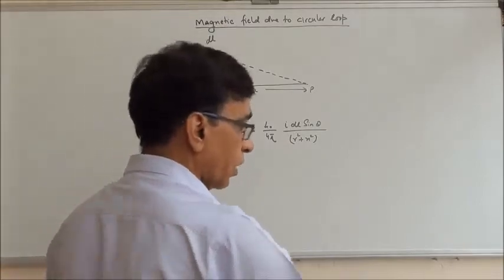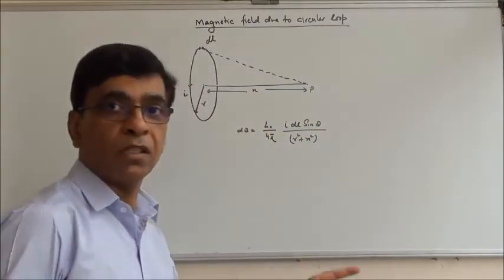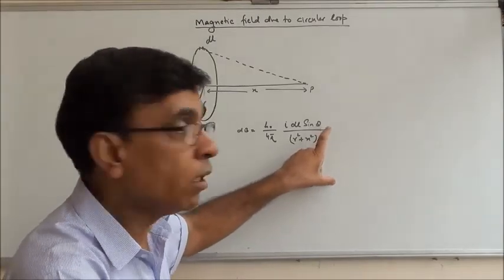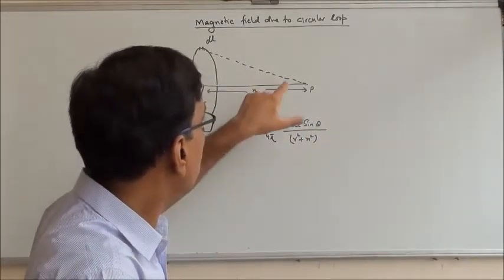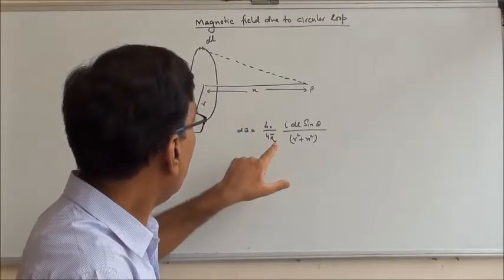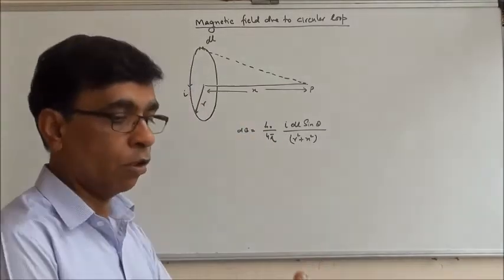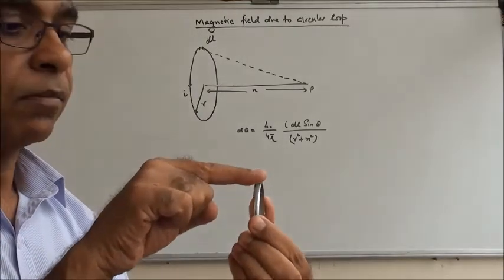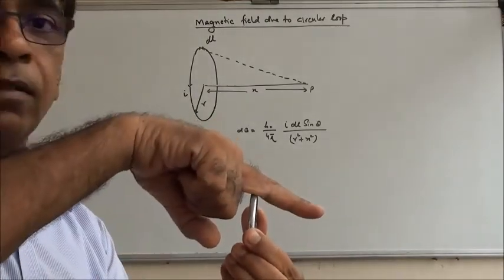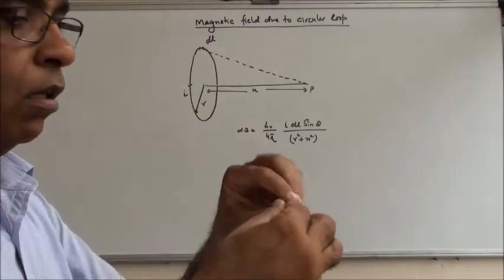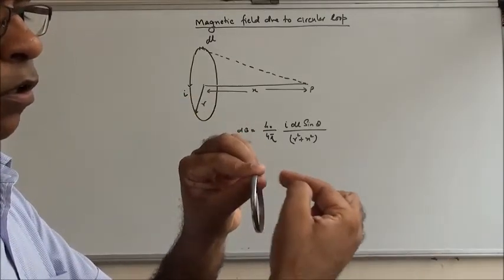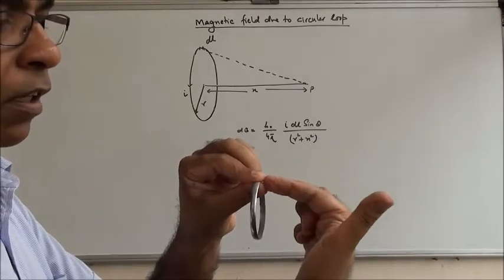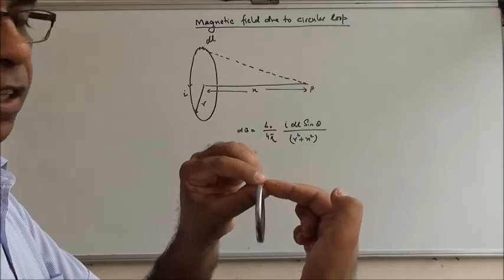Okay, what is the value of theta now? And what is the direction? Two things are to be understood very carefully here. The value of theta, the angle between dl and this length, this vector, and the direction of dB. Now again try to understand. I have taken this dl here and r is this, where I have to find out field at P. So I need the angle between this and this tangent.